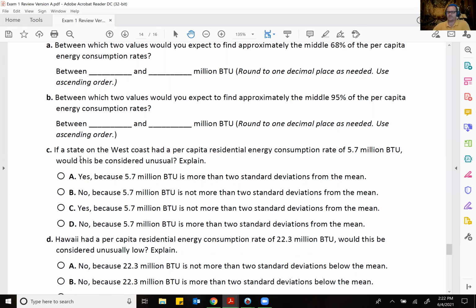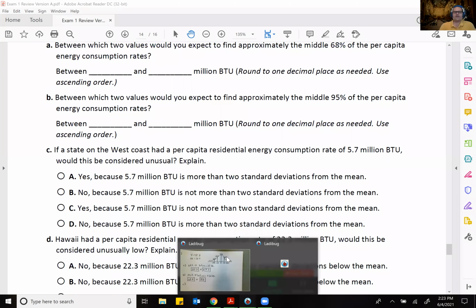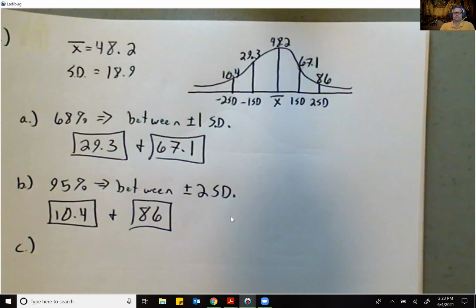So, part C. If a state on the West Coast had a per capita residential energy consumption rate of 5.7 million BTU, is that unusual? Yes. So 5.7, is that unusual?